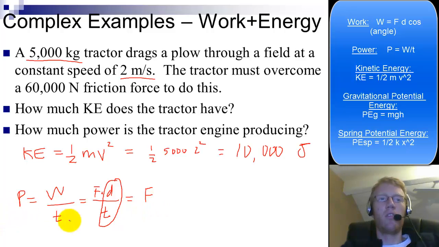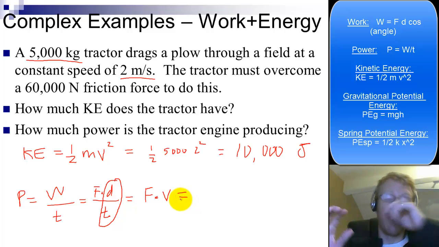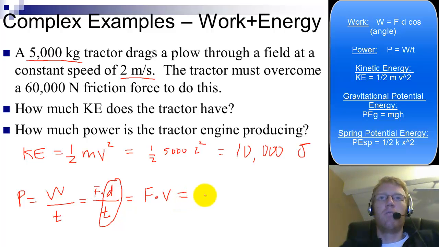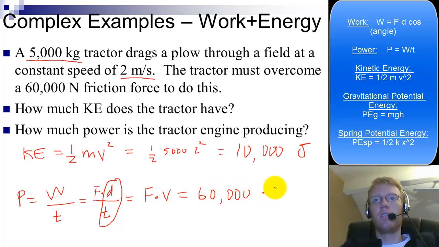So the power, another way to write the power, is actually force times velocity. Right? If you're applying a force on something, the faster you're going, the more distance you're going to cover. So it seems reasonable. The force then is 60,000.